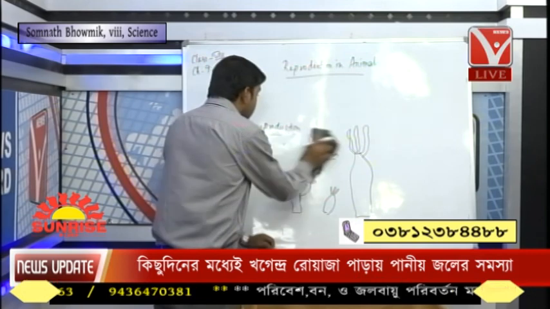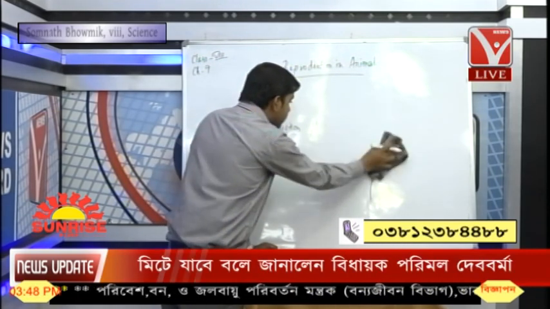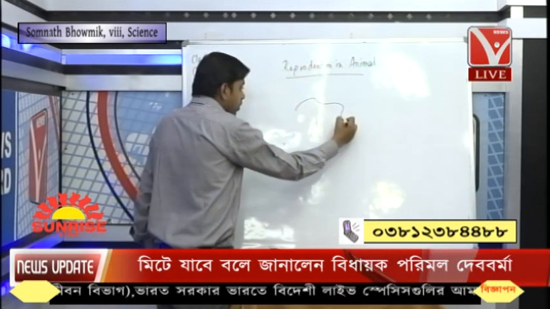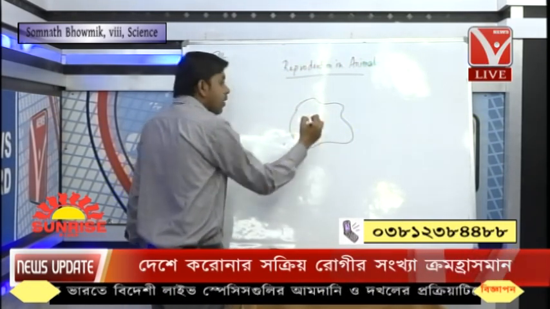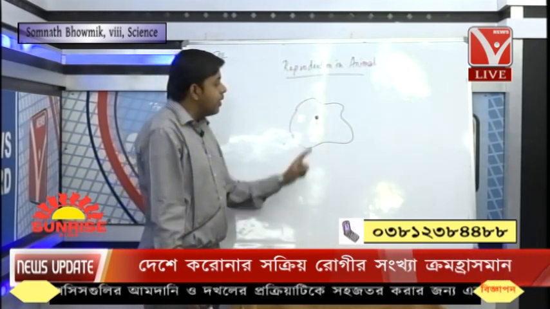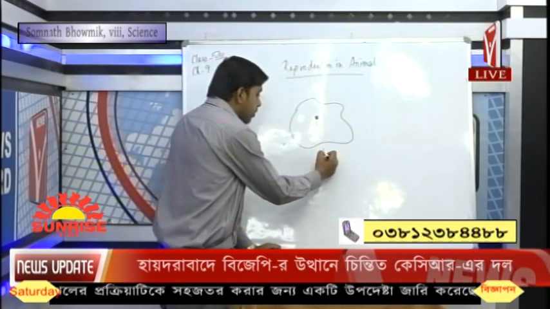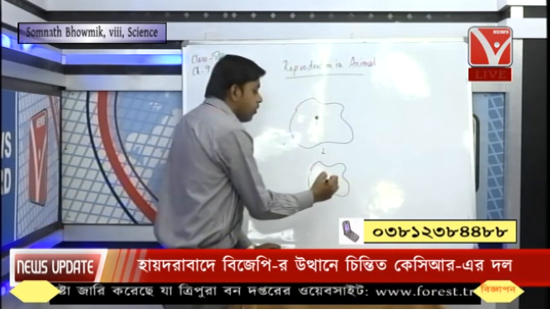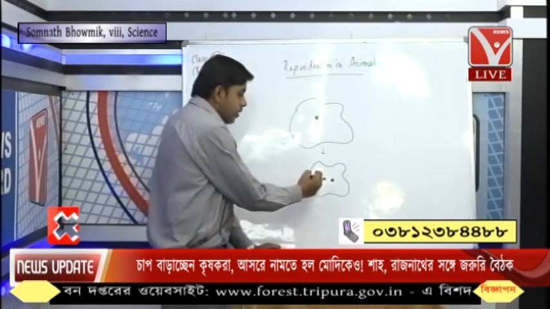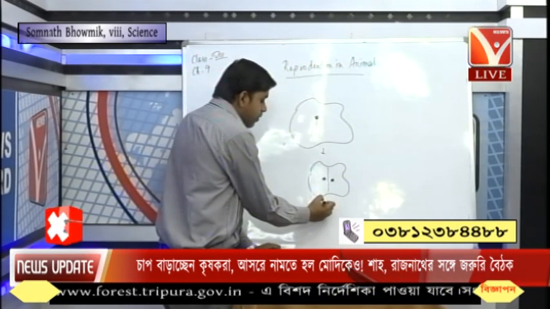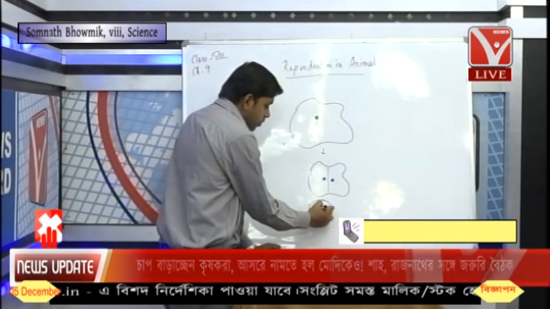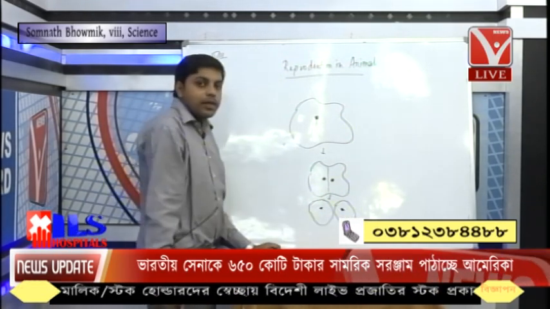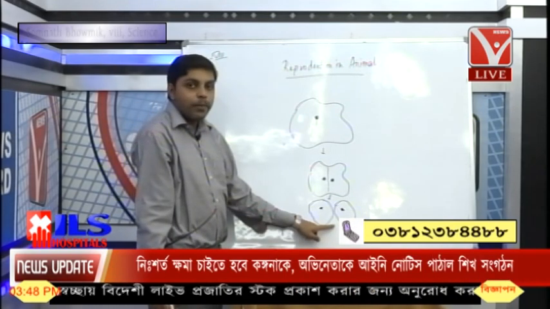Similarly, in case of amoeba, the nucleus divides. Following the division of the nucleus, the cytoplasm also divides, and then ultimately two amoeba develop.